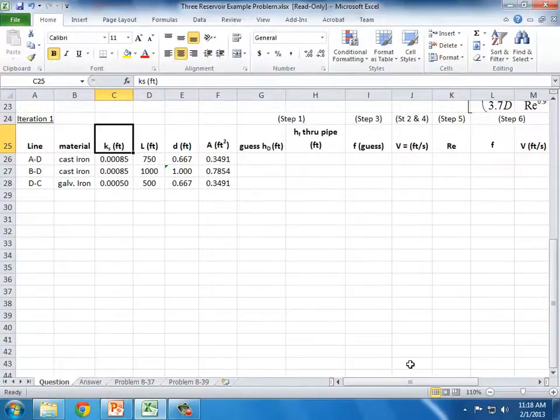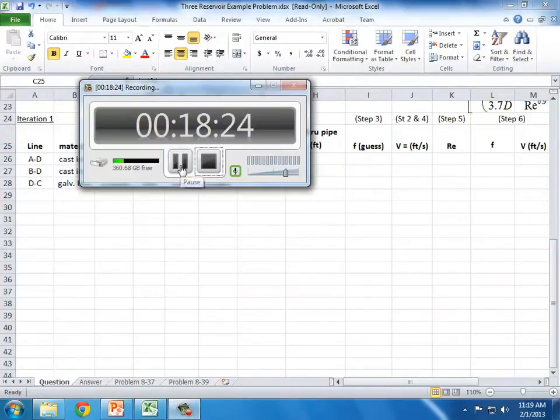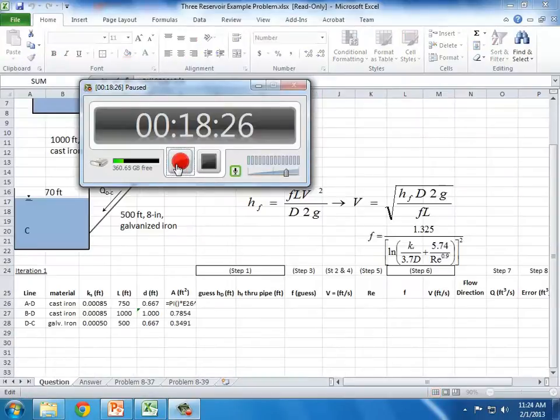I've got some equations on mine that you don't necessarily have to type in. I paste them just for convenience when I'm setting up the equations. But create columns that look like this. I'm going to pause this momentarily.